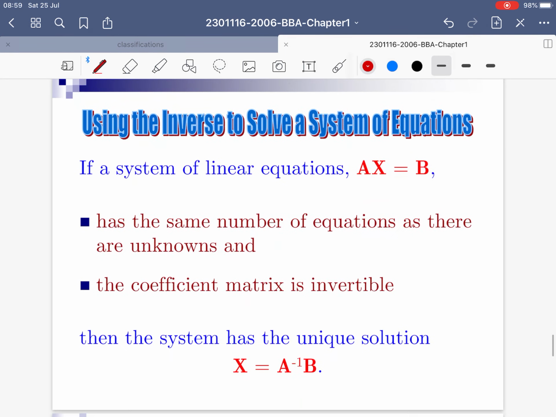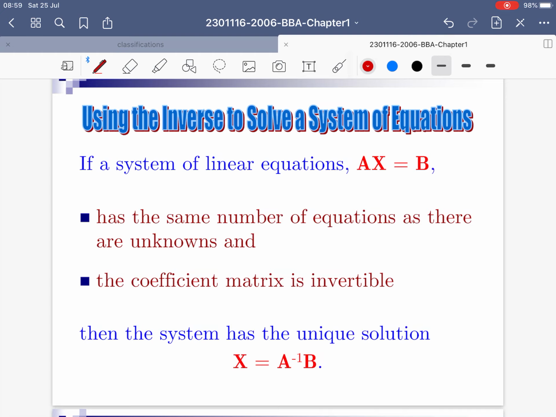So if you want to use the inverse to solve the system of equations, it's given that your system is AX equals B. The first thing is that you need to have the number of equations and the number of unknowns be equal, the same. So it means that your A must be square.